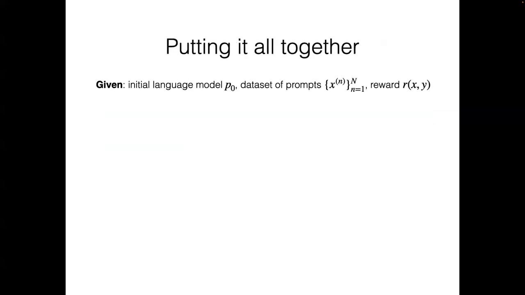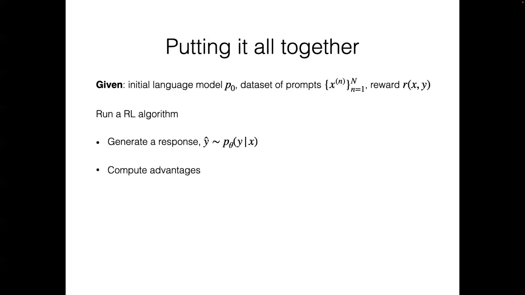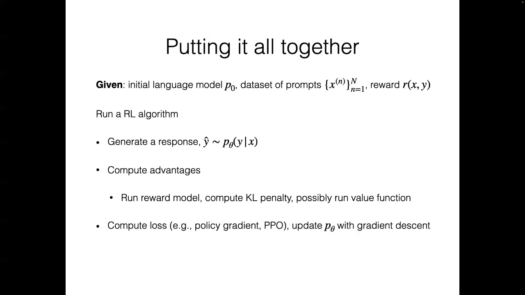And then just to recap everything again, if you view this as an algorithm, you start with your initial language model and some data set of prompts and your reward function. Then inside the algorithm, you're generating responses. You're computing these advantages, which can involve multiple things. And then you're computing this loss and updating the model. And then if applicable, also updating this value function.